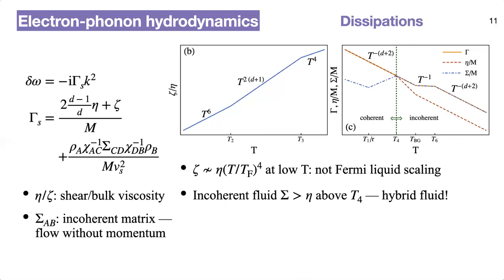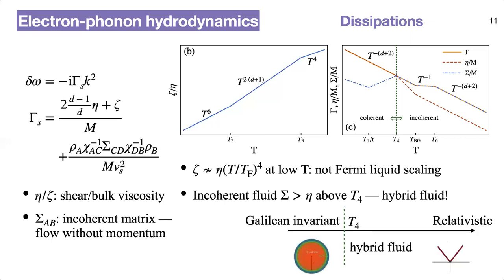The reason why we think that it is really a hybrid fluid is, first, it's incoherent, because the coherent fluid can only be the Galilean-invariant electronic fluid. So if we go into a region where incoherent conductivity is stronger than shear viscosity, the phonon effect is not negligible, and we may have the so-called hybrid fluid there.